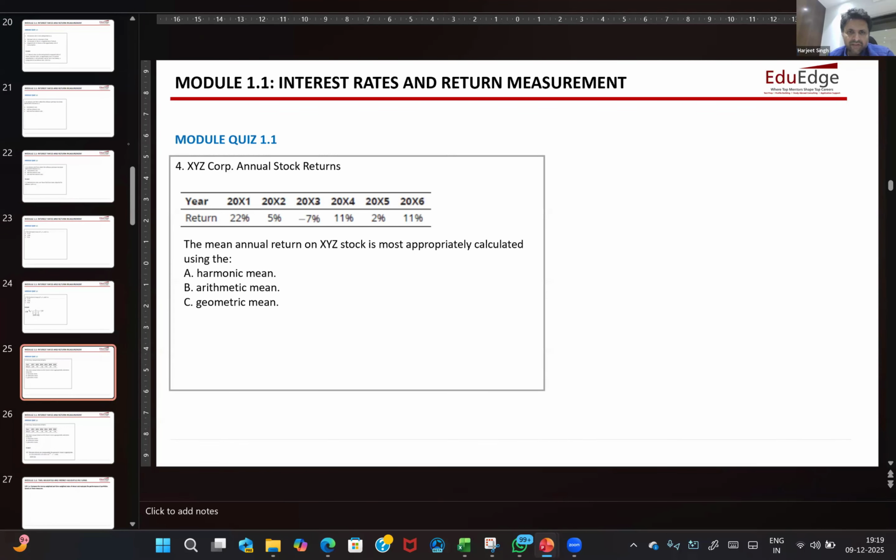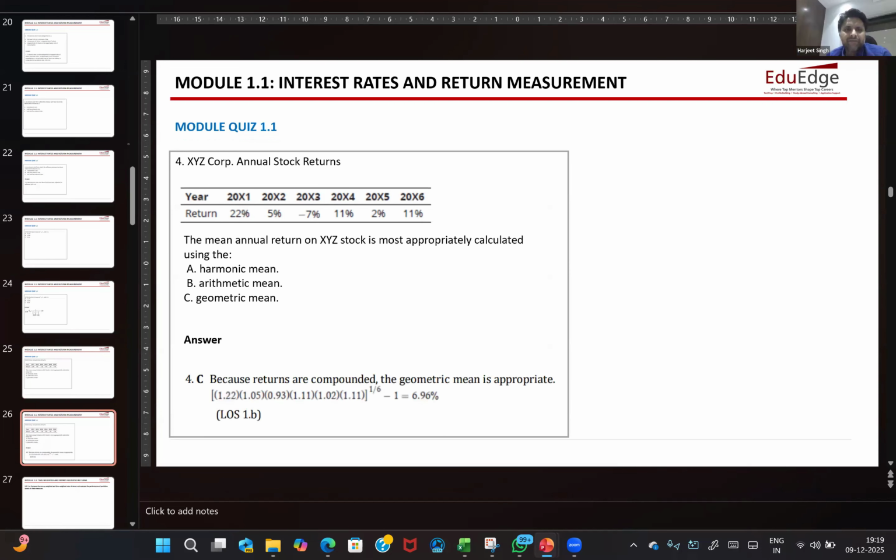Okay. Can you tell me what the mean annual return is most appropriately calculated using? Here we'll use geometric. Yes, compounding, geometric.